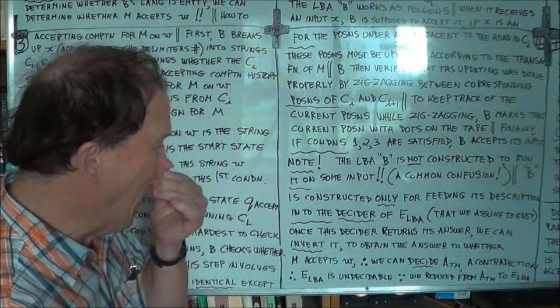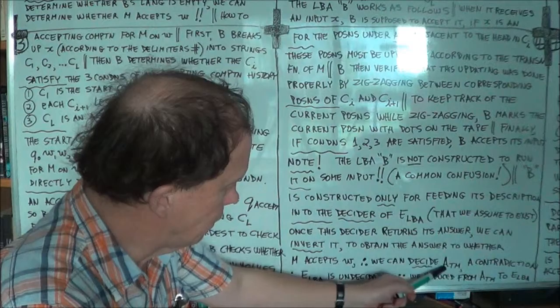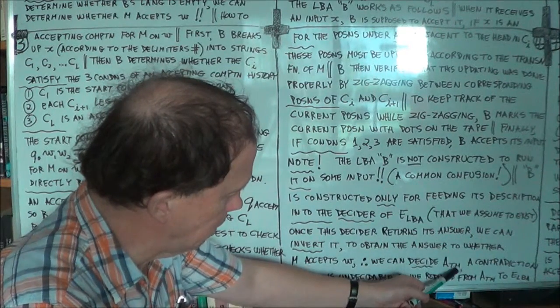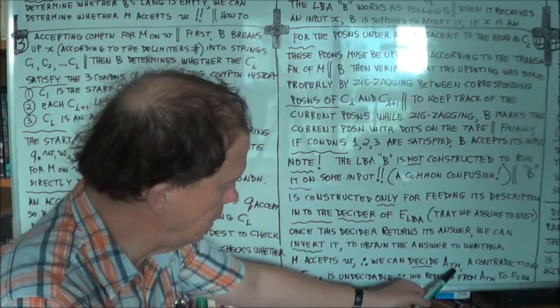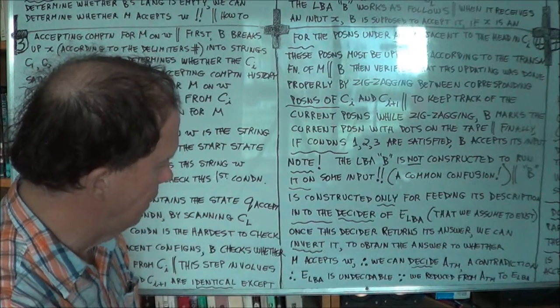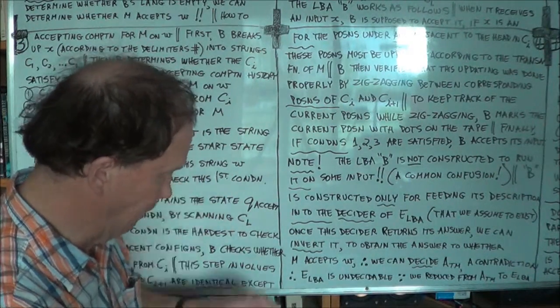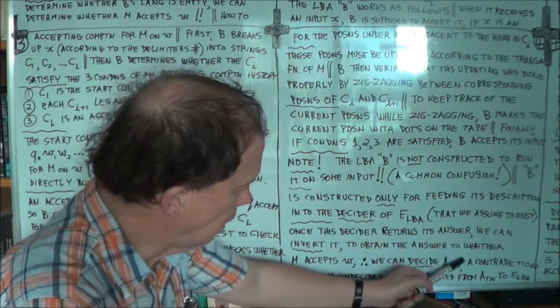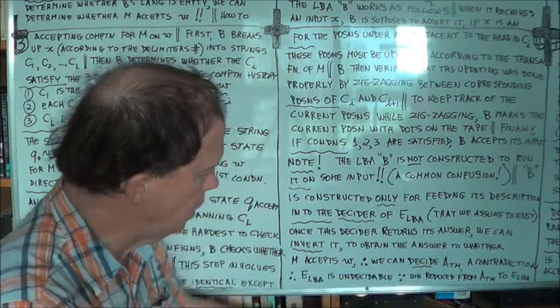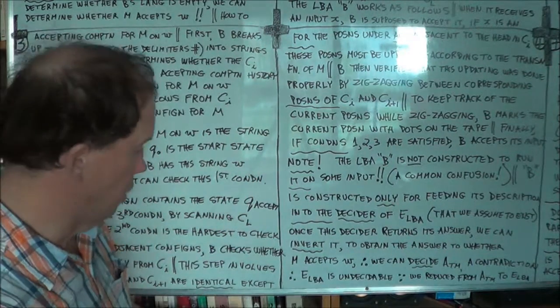Since this is our problem A and that's our problem B, we reduced this to that. Why do we do that? Because to solve this problem, we used the solution to this one.